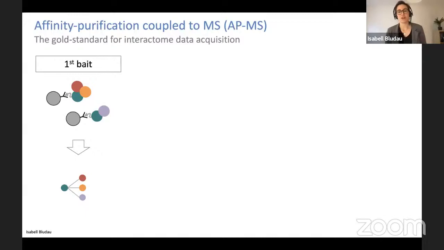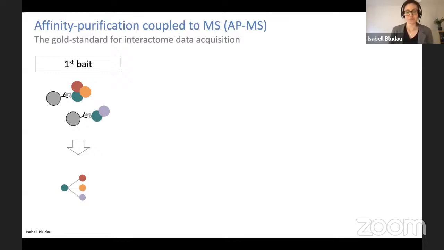So to start off, I'd like to give a simple introduction of how protein complexes are commonly analyzed in mass spectrometry. And the gold standard to do this is by affinity purification coupled to mass spectrometry, or short AP-MS.